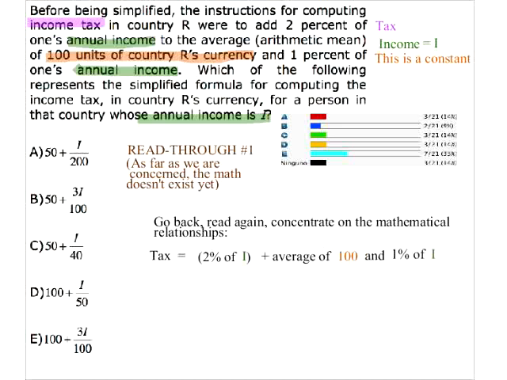So let's do it. 2% of I is going to be 0.02I. And then how do we take the average of two quantities? Anybody? Text box. You add them and you divide by 2. So it's the average of 100 plus 0.01I.